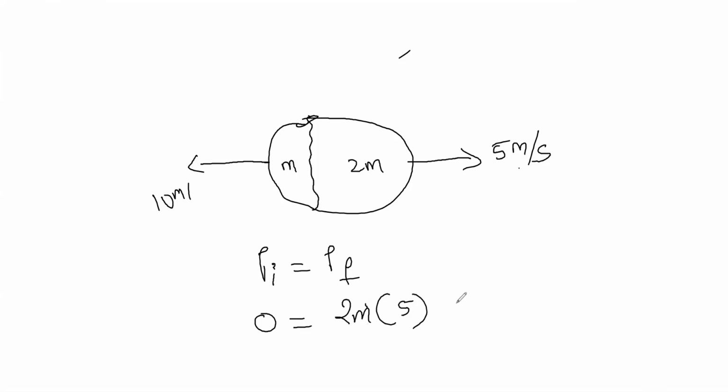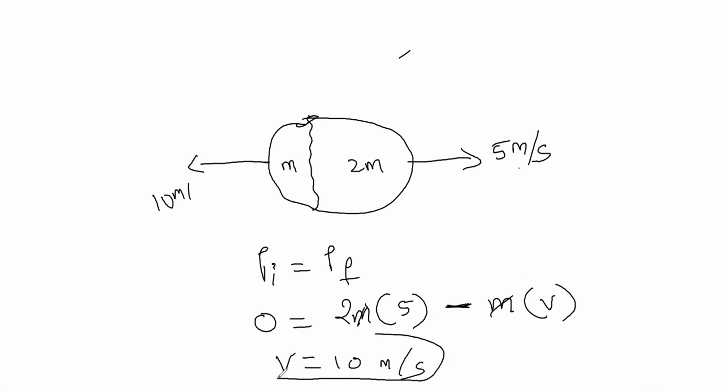Since it is moving in the opposite direction, we will take minus here itself, minus m into velocity you have taken v. So here what is the velocity you will get? m gets cancelled. Velocity v is 10 meters per second. So guessing is correct. But it only works for some. Don't guess for all.